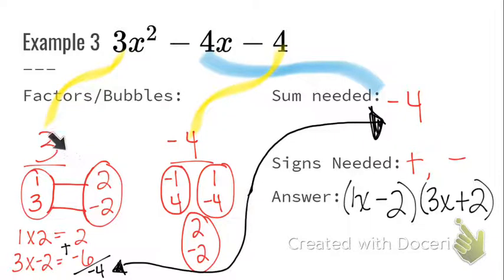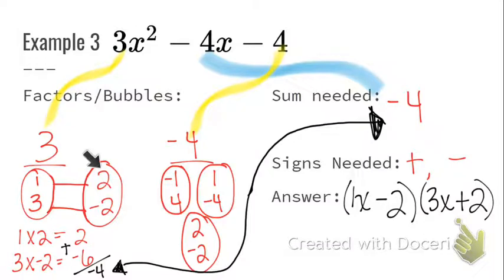So when we showed our bubbles, of course, we've only got one option for the bubble for 3. Our bubble for -4, we could have -1 +4, switch the signs. 2 -2, we didn't rewrite that bubble because if you switch the signs, it's really the same bubble since they had the same number.